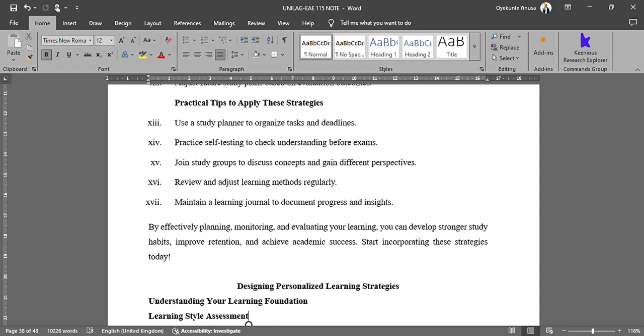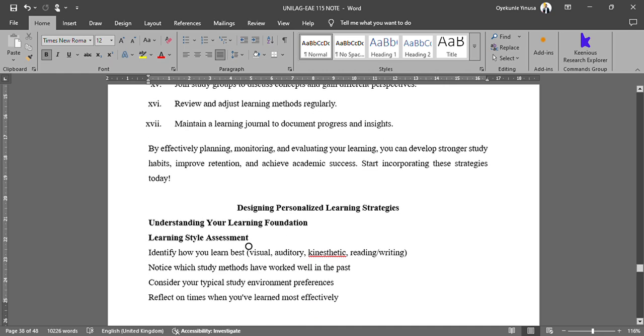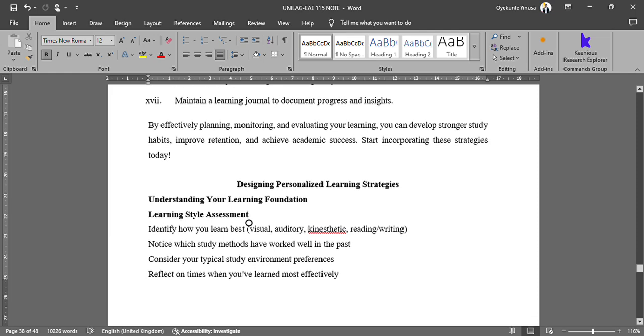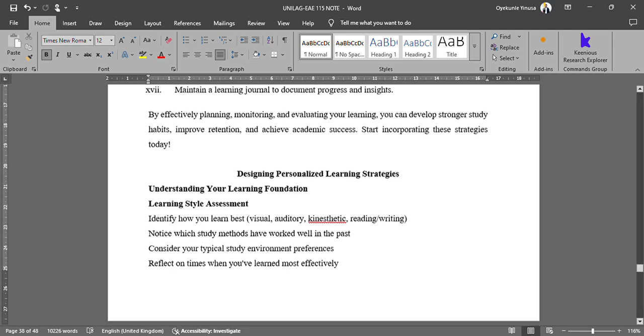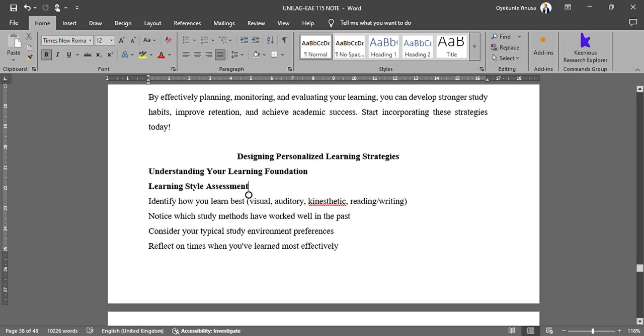So you must be able to see how you are making progress and achieve your success. By effectively planning, monitoring, and evaluating your learning, you can develop stronger study habits, improve retention, and achieve academic success. Start incorporating these strategies, and you will see that your SMART objectives will change, your learning outcomes will be improved, and at the end of the day, you will achieve your goals.